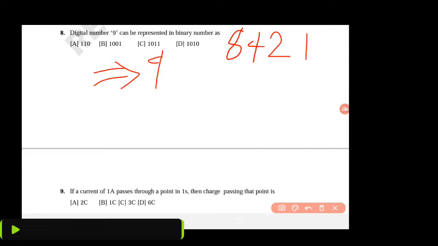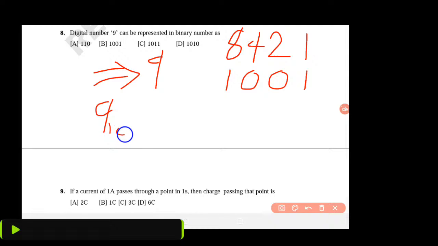You know that from 8421, if you bring 8 and 1 together, that gives us 9. So it means our 8 is represented with digit 1 for binary, and our 1 is also represented with digit 1, where the other numbers would be equal to zeros. So 9 in binary representation is equal to 1001. That is 9 in base 10.